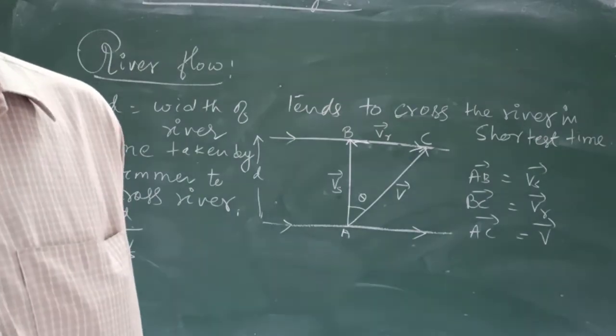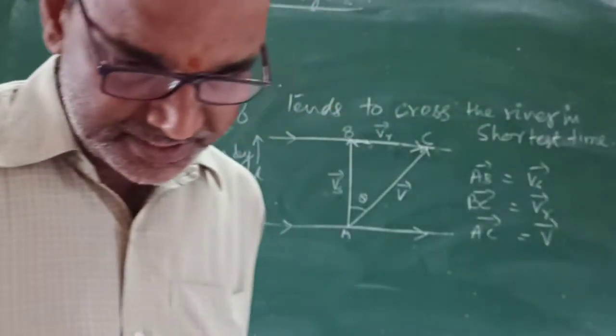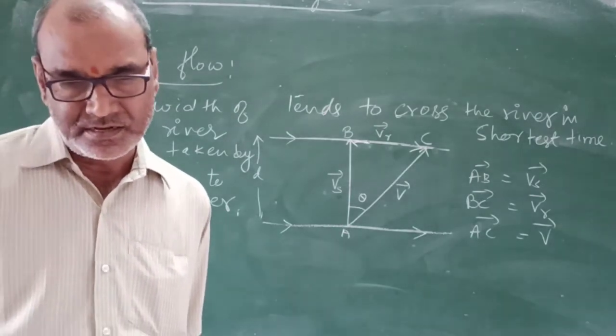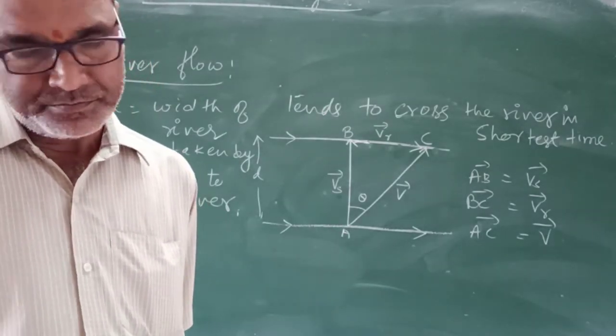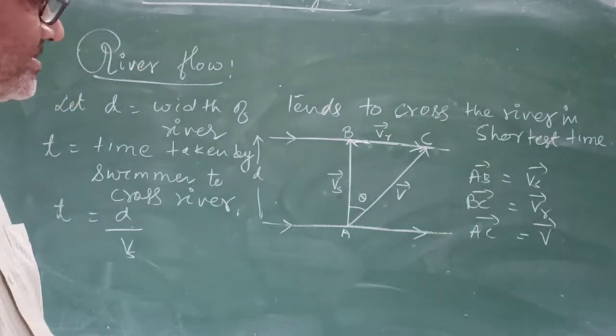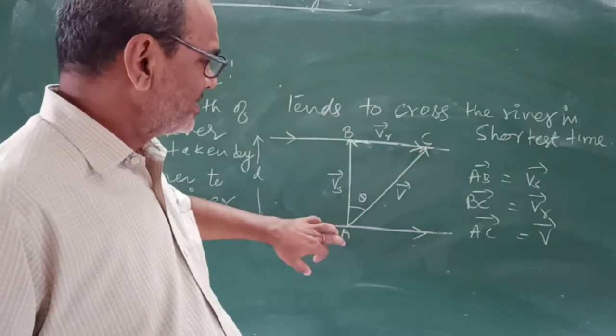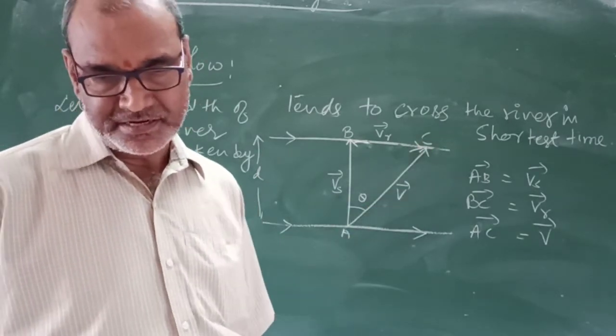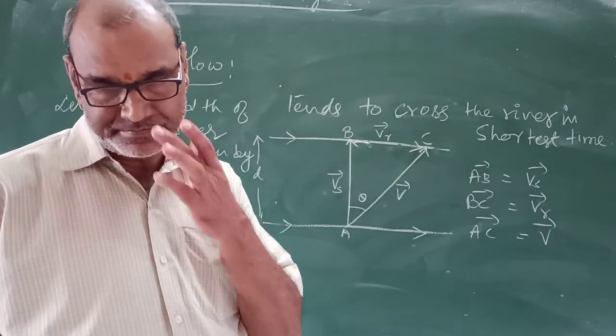Is it clear? The distance traveled by the swimmer, BC line. How much distance traveled? This one, distance BC line. Is it or not? Then velocity into time.